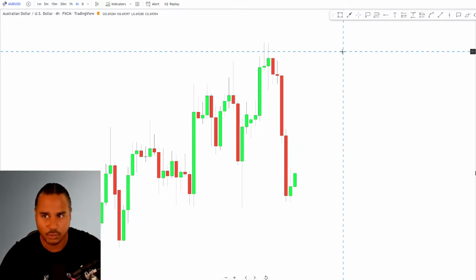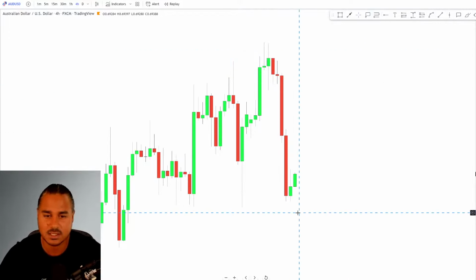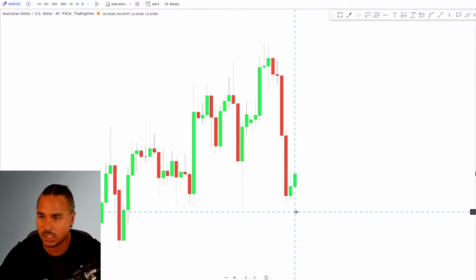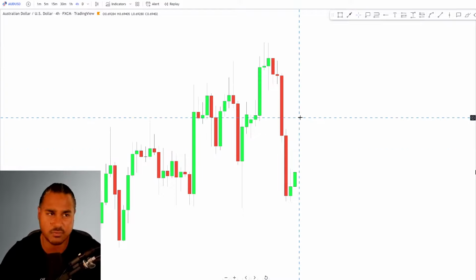So looking at Aussie dollar USD straight off the bat, we can see currently the behavior of the market is showing signs of Aussie dollar strength. And with that being said, we can potentially identify here a continuation, i.e. a weakness of the dollar and strength of Aussie dollar.